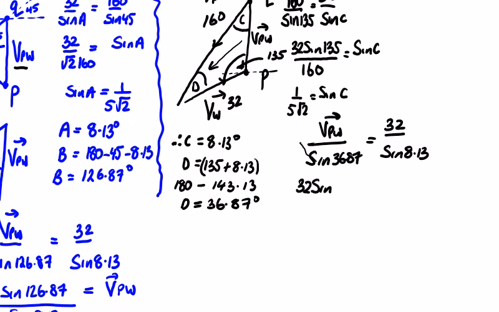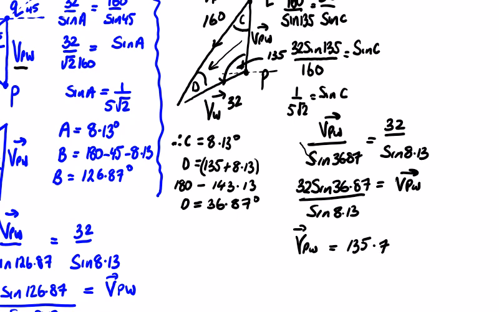So 32 sine 36.87 will be equal to the velocity of the plane relative to the wind by the sine of 8.13. And if you type this into your calculator, you get the velocity of the plane relative to the wind on the way back down. 32 sine 36.87, that's equal to 135.76 kilometers an hour.